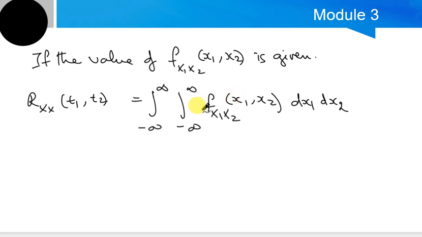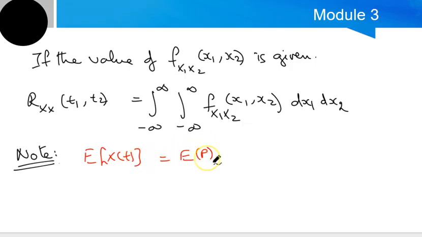The mean of the process obviously is E of x of t, that is E of p plus E of q into t. So we have an interesting note. We know that E of x of t is E of p plus E of q into t.